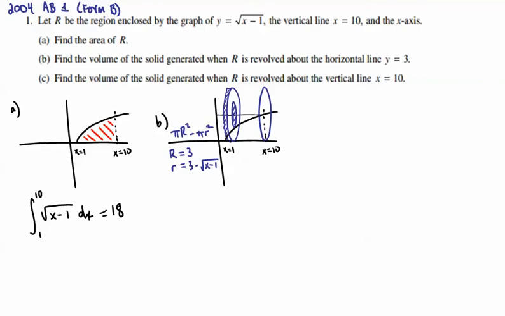So for our formula and to set up the integral, we can factor out the pi, the integral from 1 to 10 of capital R squared, which would just be 9 in this case, minus little r squared, which would be 3 minus the square root of x minus 1 quantity squared dx, and that's all we need to do at this point to set up the integral. You could simplify, but that would just be wasting time. All we have to do is to set up the integral properly and to use the calculator to find the answer.